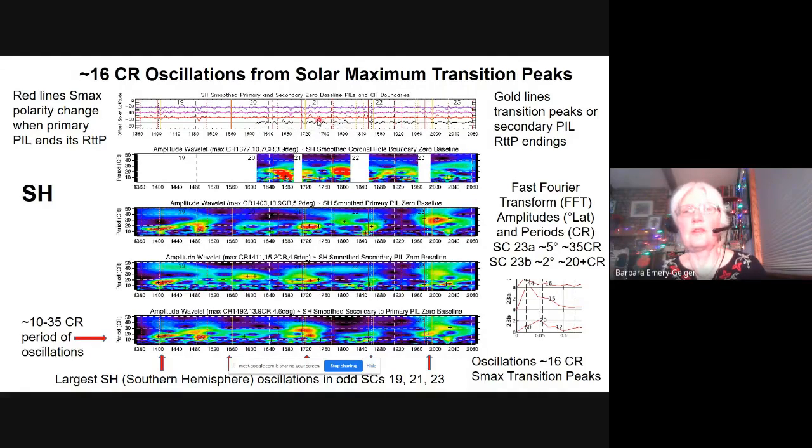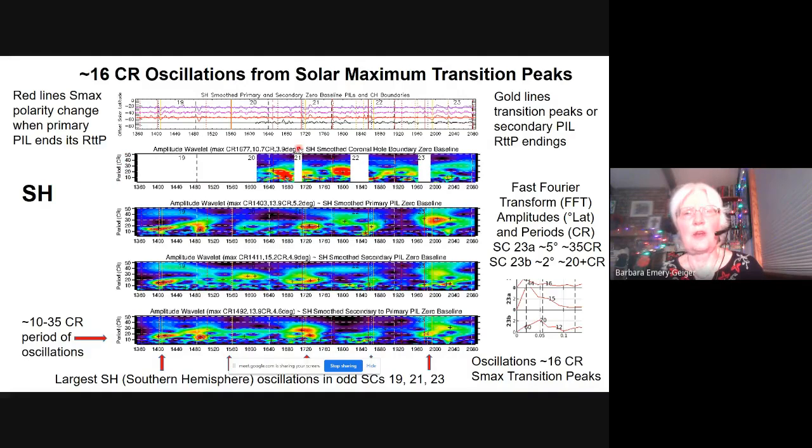The red is for the primary pills, the magenta is for the secondaries, and the purple is for this transition one where you go from the secondary RTTP to the primary pill in the non-rush period. Here are the coronal hole boundaries in the wavelet analysis, where the period goes from 10 to about 50 Carrington rotations.